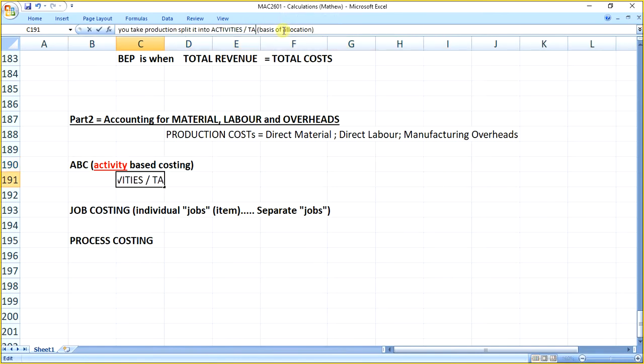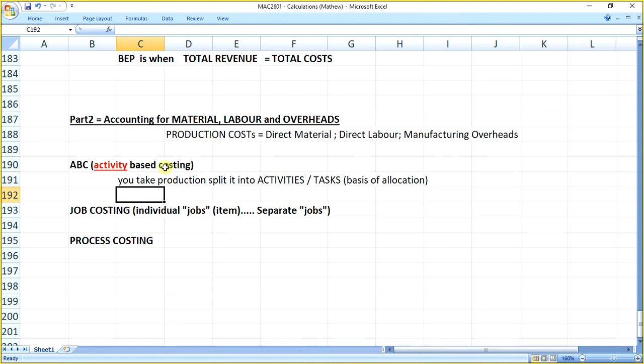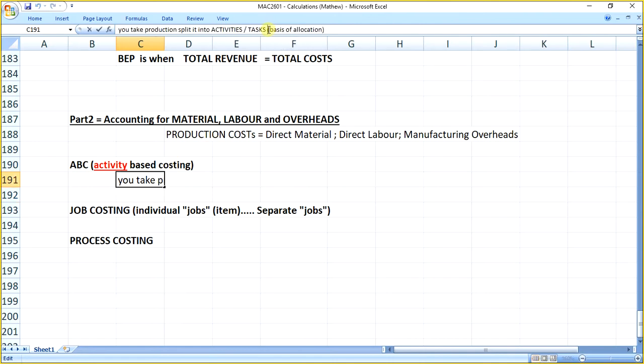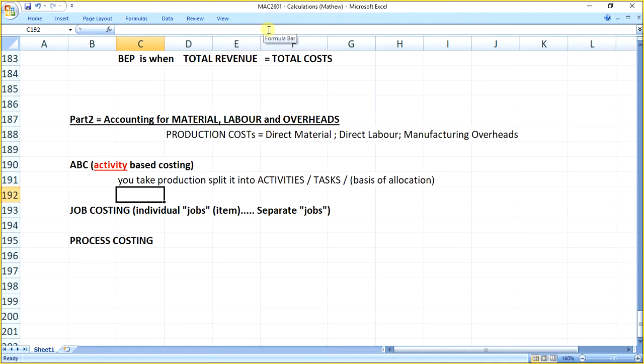Let's rather use the word tasks, because it's more the business's production. For example, one task in terms of activity could be cutting, and then painting. There could be assembly.